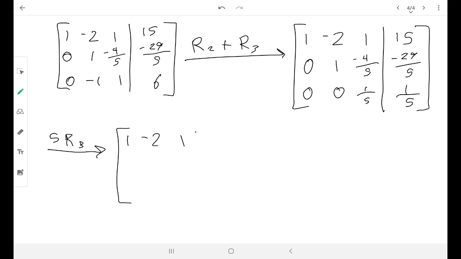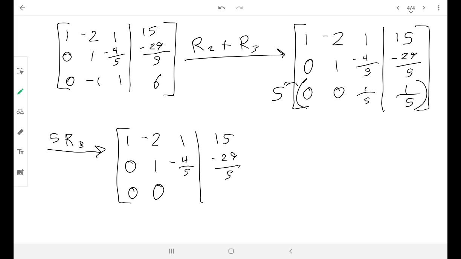So now I've got this 0, 1, negative 4 fifths, negative 29 fifths, and 0, 0, because we're doing this whole thing times 5, so 5 times 0, 5 times 0, and then 5 times 1 fifth gives me 1, and 5 times 1 fifth again gives me another 1.